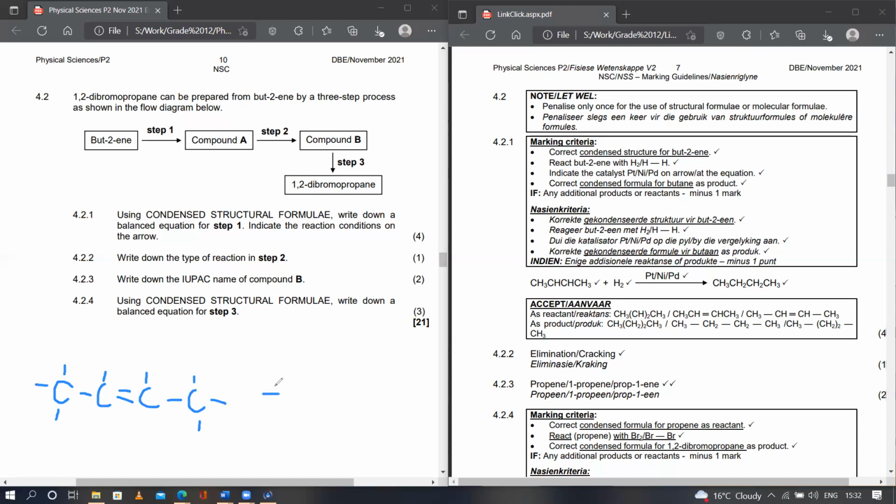So in order to convert this from an alkene to an alkane, you're gonna need to add 2 hydrogen atoms. When you add these 2 hydrogen atoms, this bond is gonna be broken, and you no longer have a double bond. You're gonna have a single bond like this.